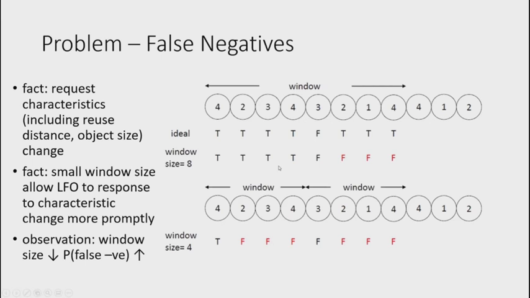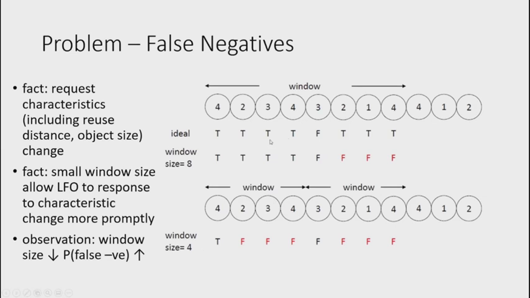Here's an example. Let's assume that we reduce the window size from 8 to 4. In that case, 4, we're still going to catch it. 2, 3, and 4, we are not going to catch them. Because by the end of the window, when we look back all the way to the beginning of the window, I know that 2 is not going to be accessed again, 3 is not going to be accessed again, 4 is not going to be accessed again.